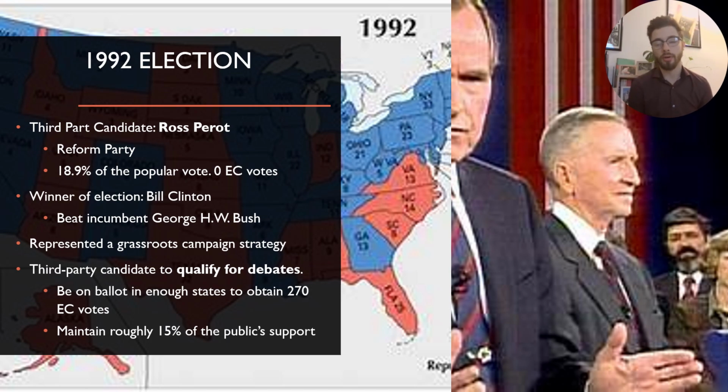So we see those are the general requirements that were maintained for qualifying for debates regarding third-party candidates, establishing a precedent for the future and maybe some boundaries that will enable later third-party candidates to get on that debate stage, as Ross Perot had in 1992.